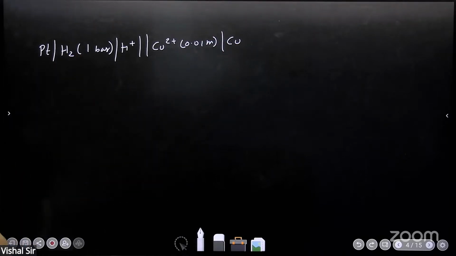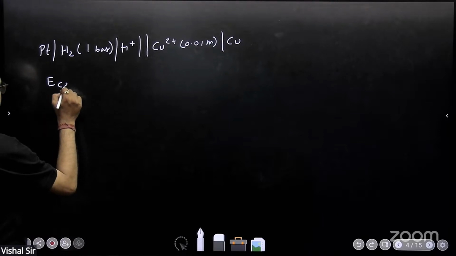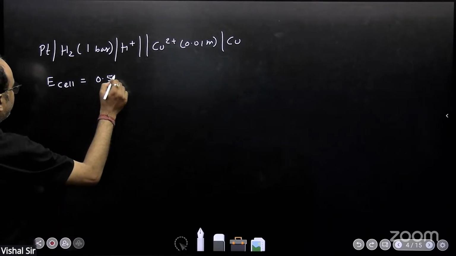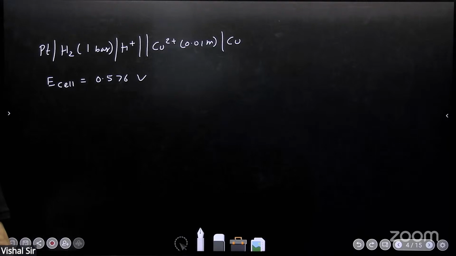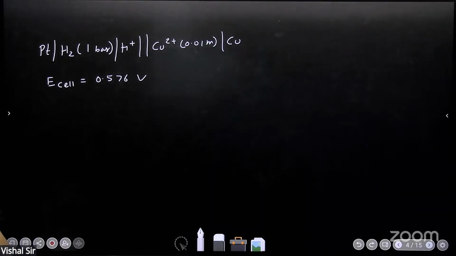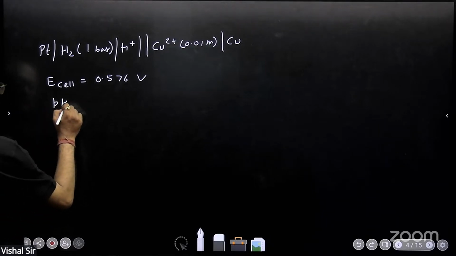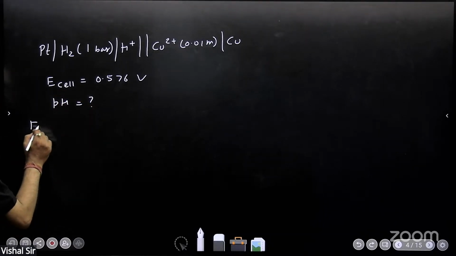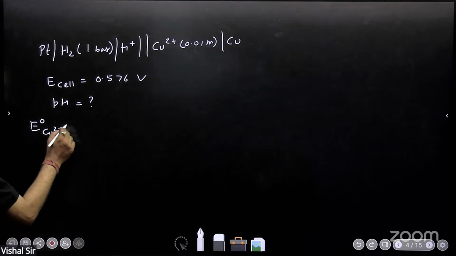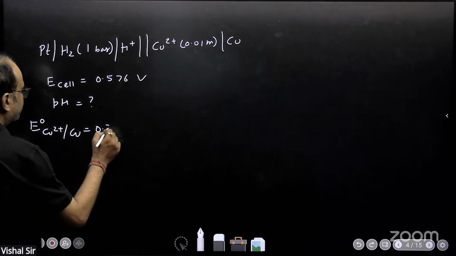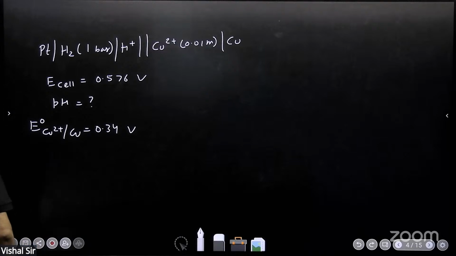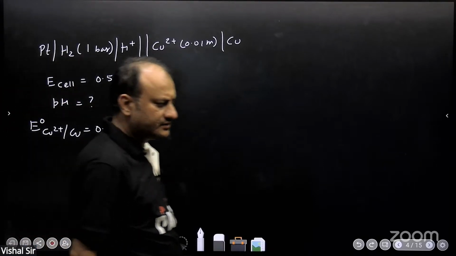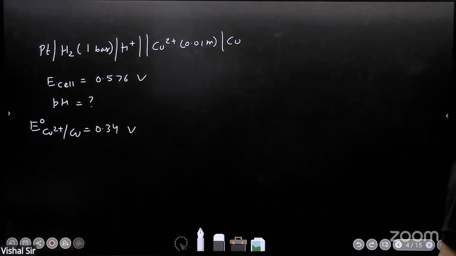There you are given E cell as 0.576 volts. This is the EMF of the cell given. You are asked the pH of the solution, and E naught of Cu2 plus Cu is 0.34 volt. It is a very similar problem. Try to give it a try. Attempt to write the equation.